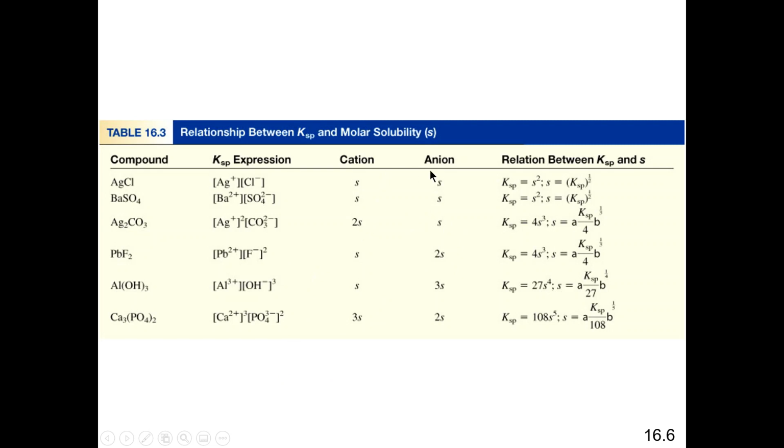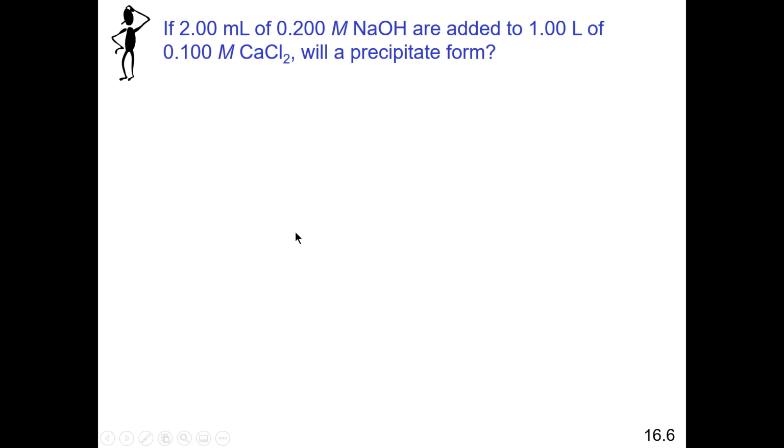So all you have to do now is plug the S terms or the 2S terms into the Ksp expression, and you'll get different Ksp expressions in terms of the solubility. So it all depends on the compound. And of course, if you know the molar solubility, you can easily calculate the solubility product or vice versa, all right? And I think there may be some examples of that.